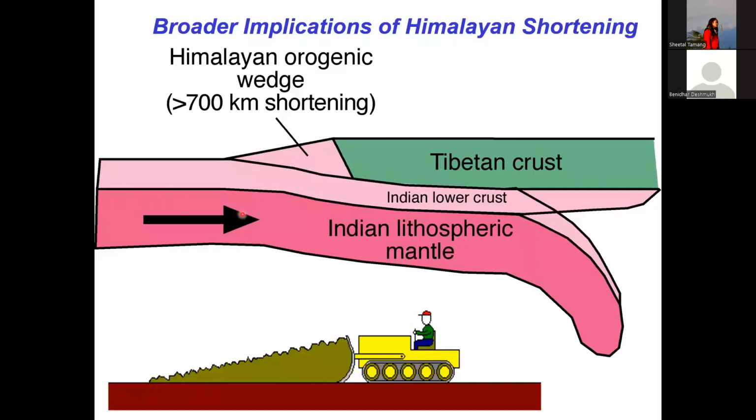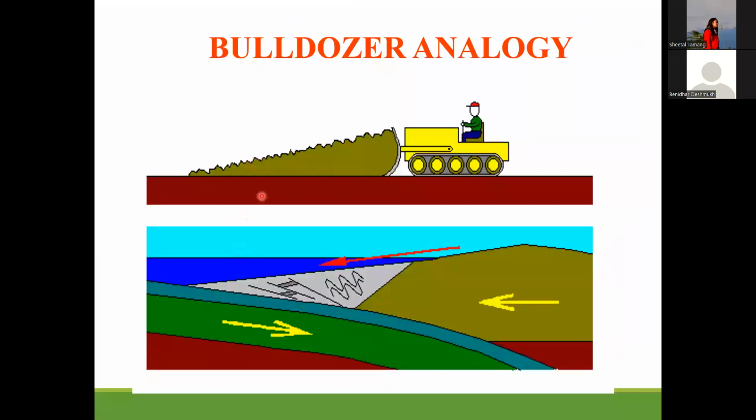A similar thing happens in the Himalaya, and that's the reason why you get a wedge-shaped body if you have a detachment develop. Okay, so where does this wedge-shaped body actually start?